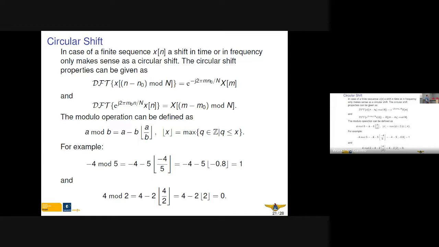In the second example, 4 modulo 2: 4 divided by 2 is 2, so 4 minus 2 times 2 is 0. It is just to remind you how the modulo operator works.